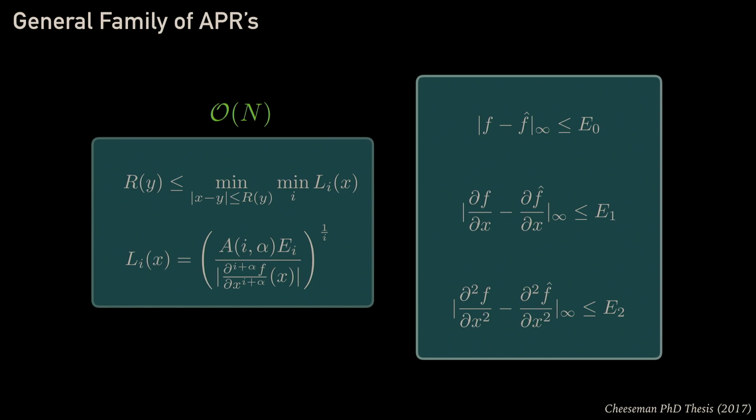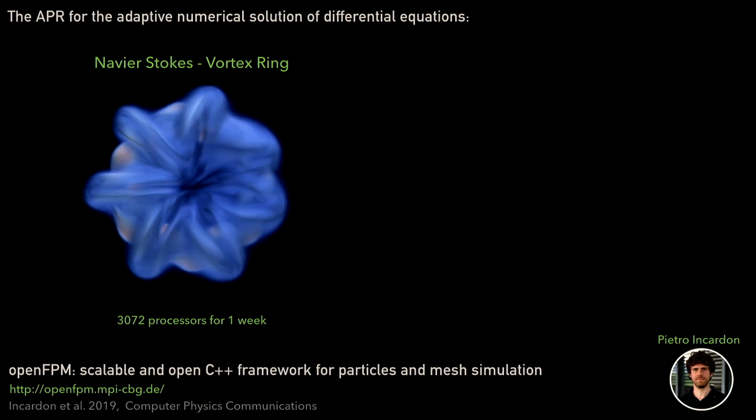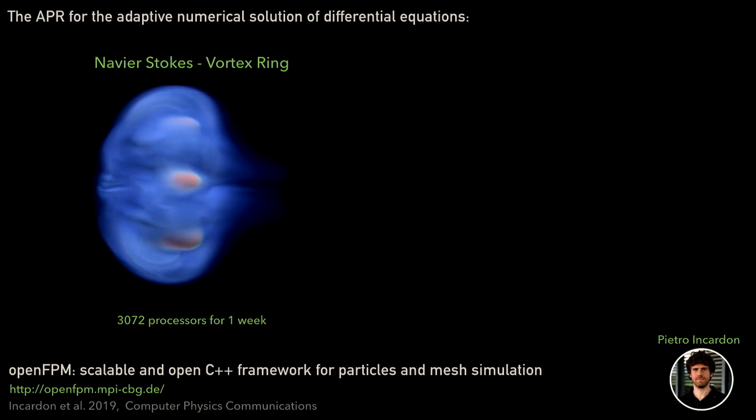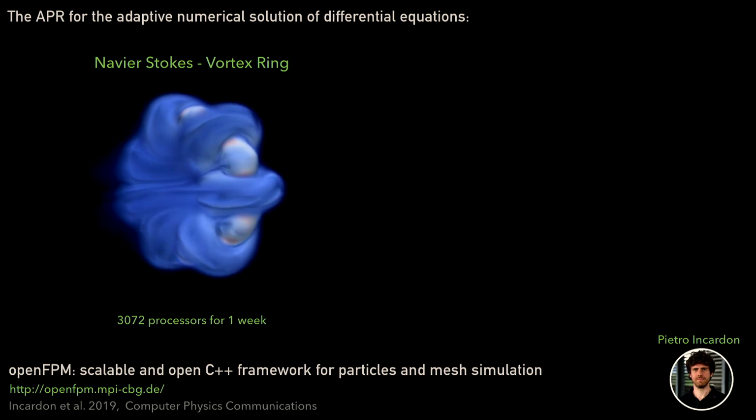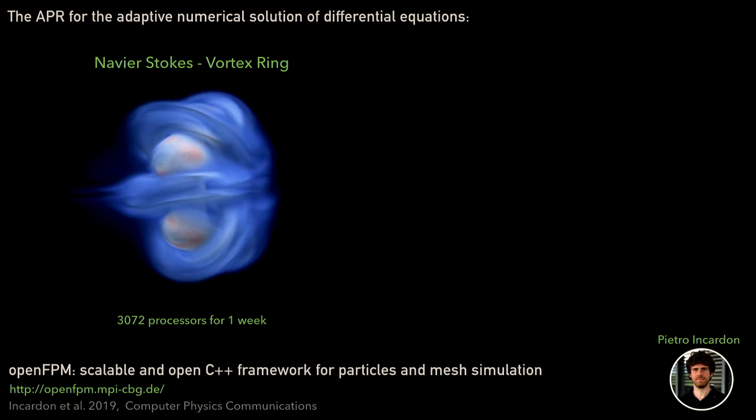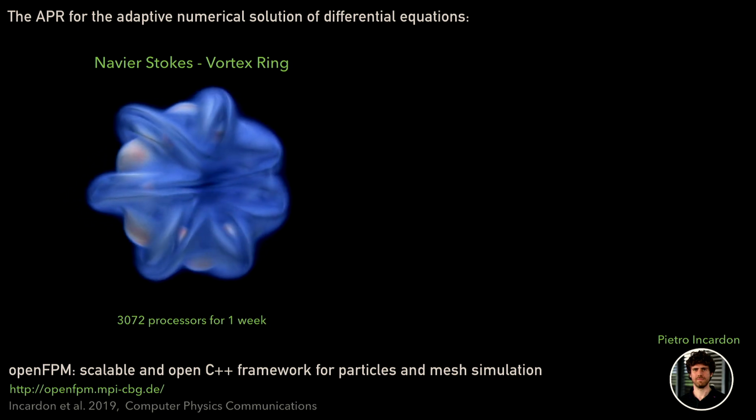One application area, going full circle with inspiration from numerical differential equations, is to ask: can we use this for differential equations? In my research group in Dresden, one of our core competencies is large-scale distributed simulations on meshes and particles.